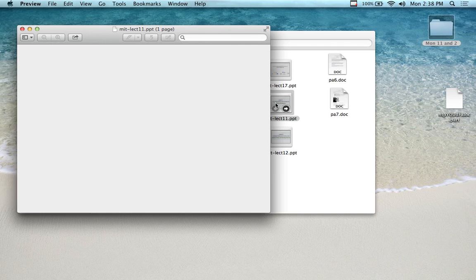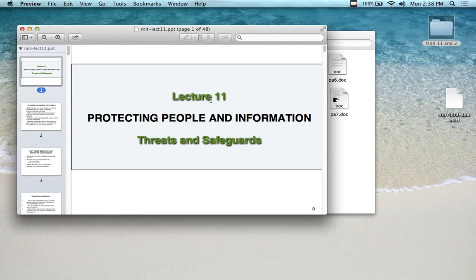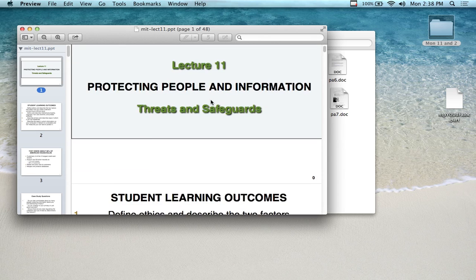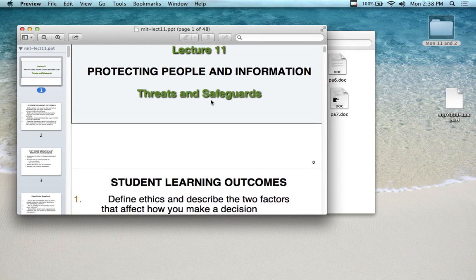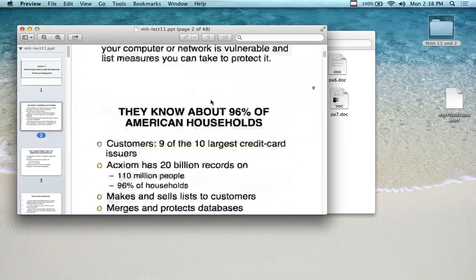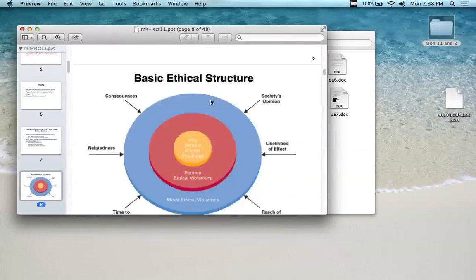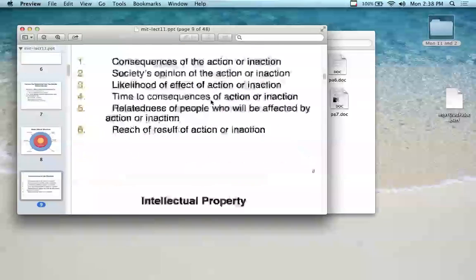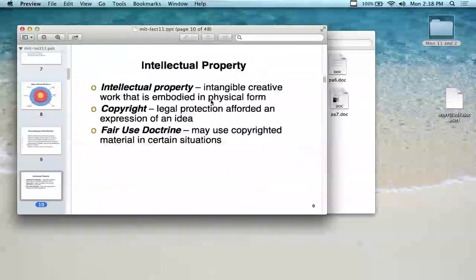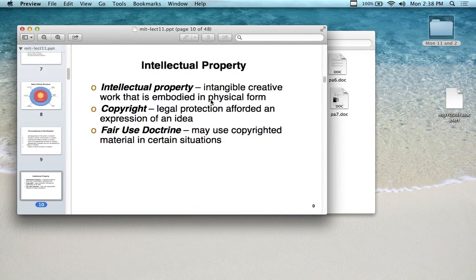11 is on intellectual property, but I covered the other one. I covered 10. 10 is also on intellectual property. 11 is more on protecting people and information. It's kind of a continuation, but it gets into ethics and situations and circumstances, and it also goes over intellectual property.